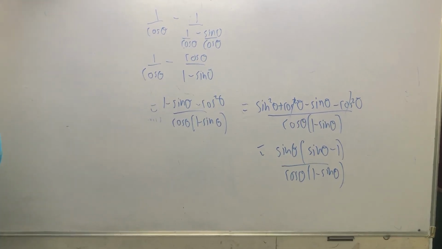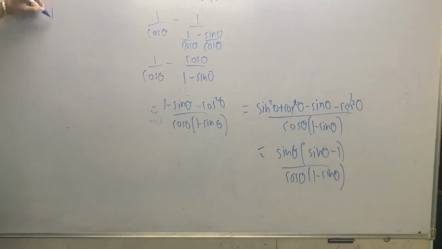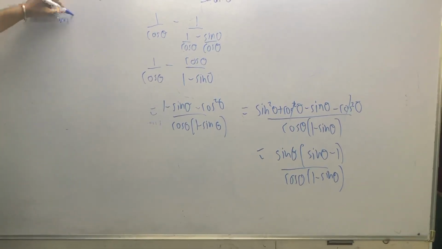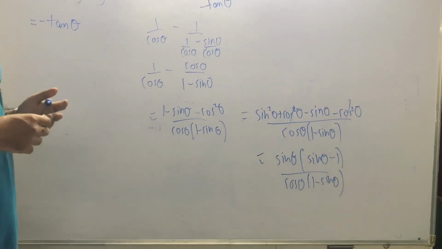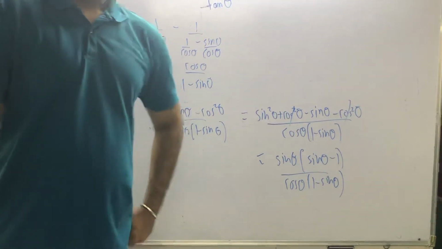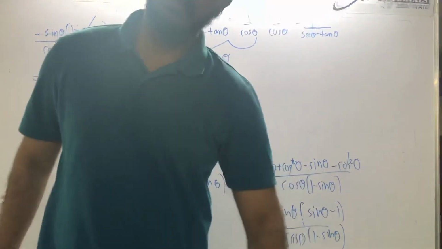So 1 minus sin theta, 1 minus sin theta cancel, and this comes out to be minus sin theta upon cos theta, that is minus tan theta, and you can see right hand side is equal to left hand side, so you can say hence verified. So I think for today this is enough. We will continue in the next class.